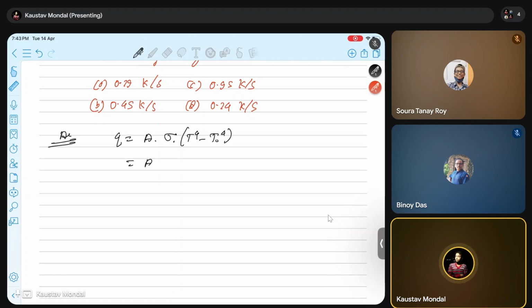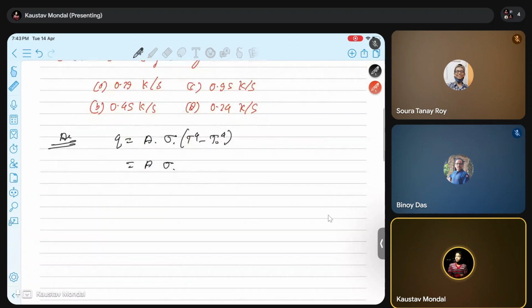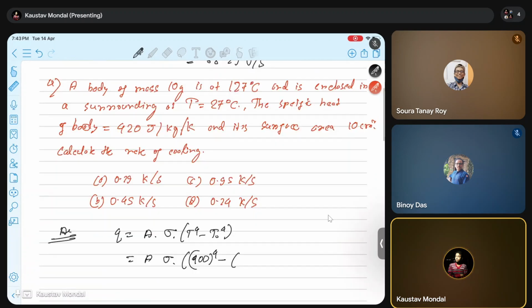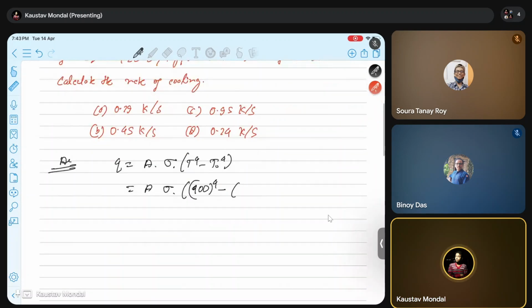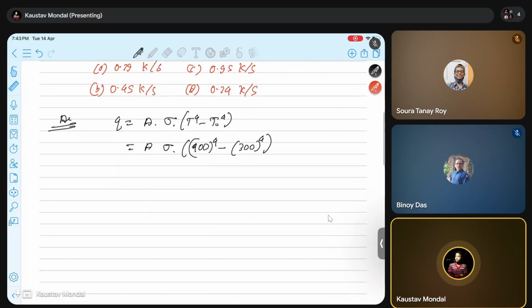Here the body's temperature is 127 degrees centigrade, so that means 400 to the power 4, minus the surroundings at 27, that means 300 to the power 4. Sigma is the same as the previous one, 5.67 into 10 to the power minus 8.